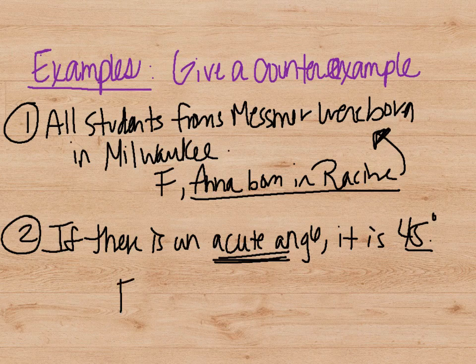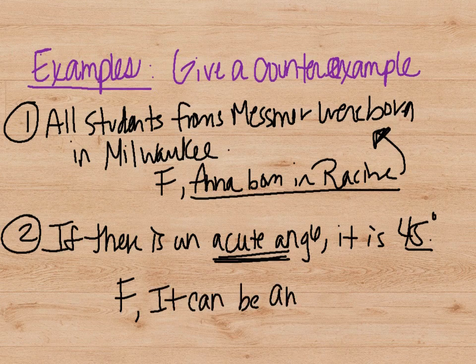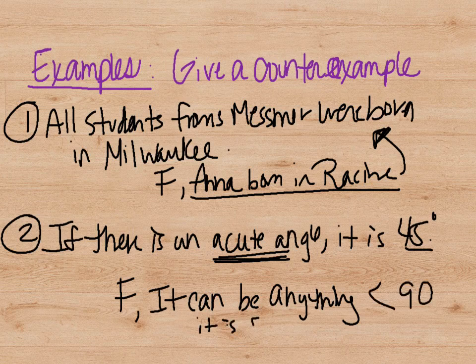No. What could an acute angle be? Anything less than 90. So it could be 46, 47, 48. So it can be anything less than 90. So you could say that it is 80. This is a counterexample.